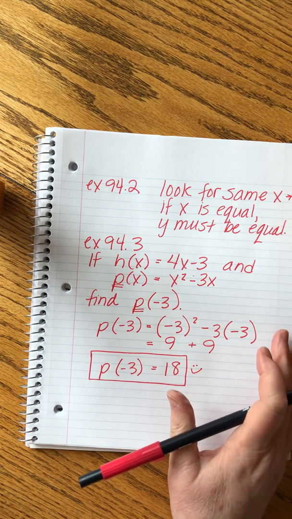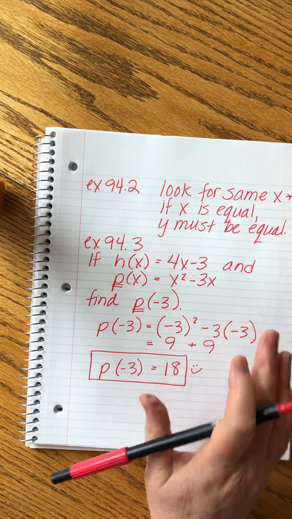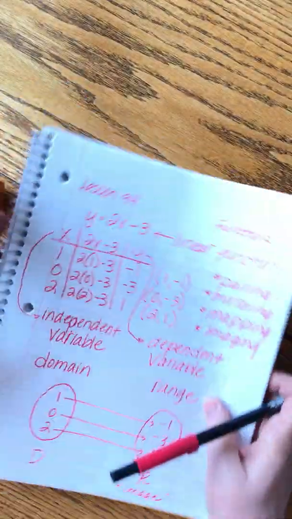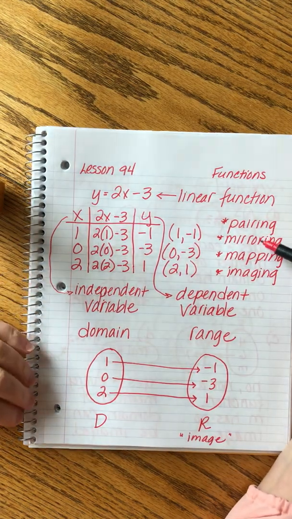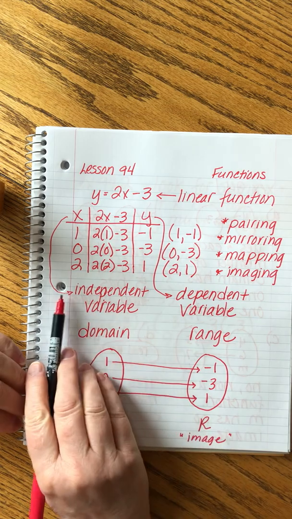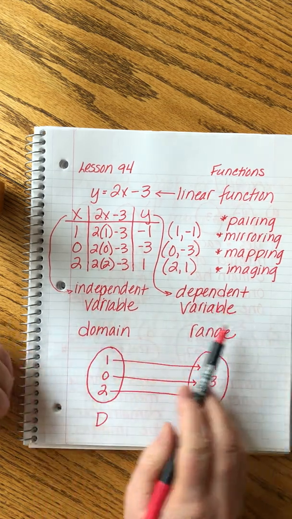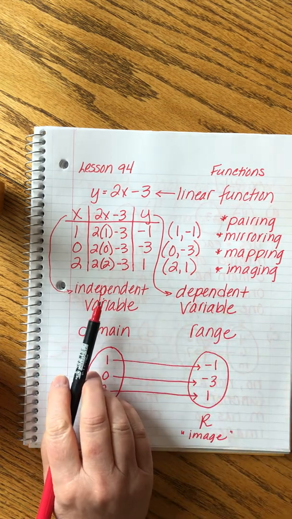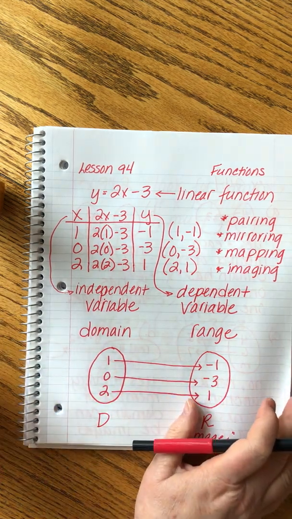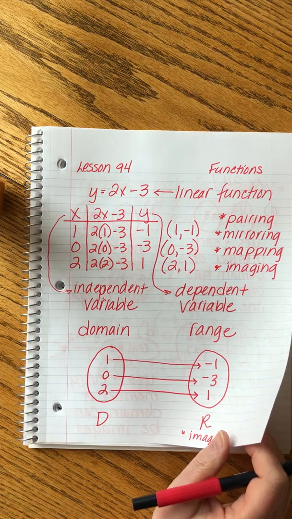Function notation is a way of writing math problems, and function language is a certain way of talking about problems. And whenever you see this kind of language, pairing, mirroring, mapping, imaging, independent variables, dependent variables, you know that we are using our function language, okay? You can do it, it's not a big deal. Don't let that frighten you, all right?